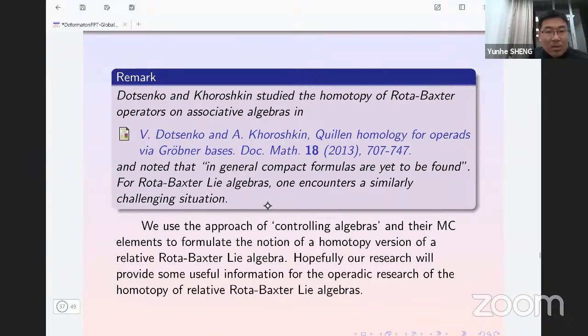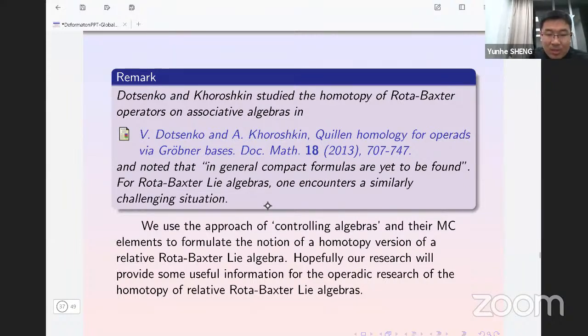make a remark. Dotsenko and his collaborators studied the homotopy of Rota-Baxter operators on associative algebras in this paper, and they noted that in general, compact formulas are yet to be found. So for Rota-Baxter Lie algebras, we believe that one will encounter a similarly challenging situation.